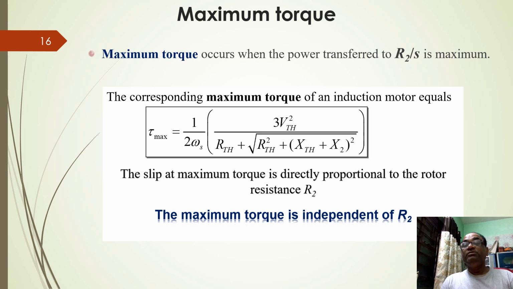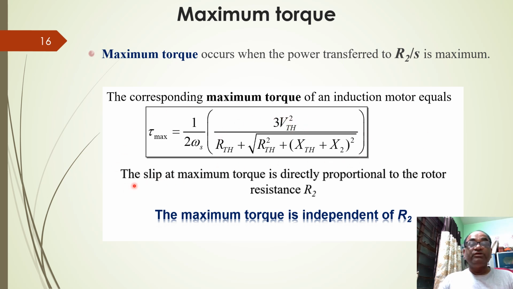If you remember the first slide, I had shown you the rotor side, and the load is R2 by S in that. So this is the load. If power transferred to the load is maximum, then the corresponding maximum torque of an induction motor, tau max, is equal to 1 by 2 omega s multiplied by these equations.